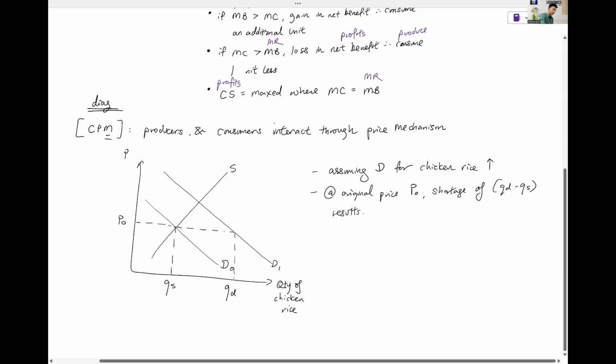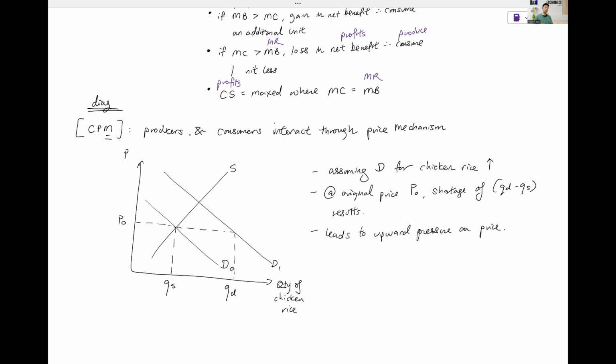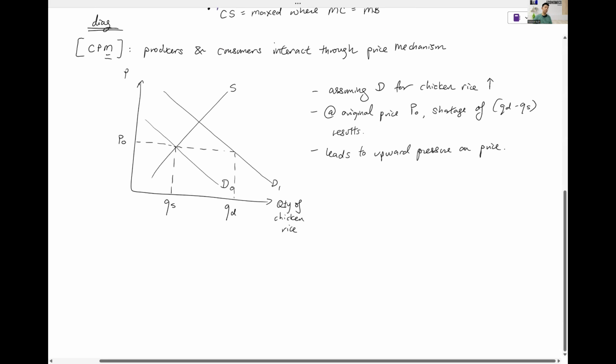When you have a shortage, it leads to upward pressure on price. Does this look somewhat familiar? It is your price adjustment process, right? From DDSS universe. There's upward pressure on price.